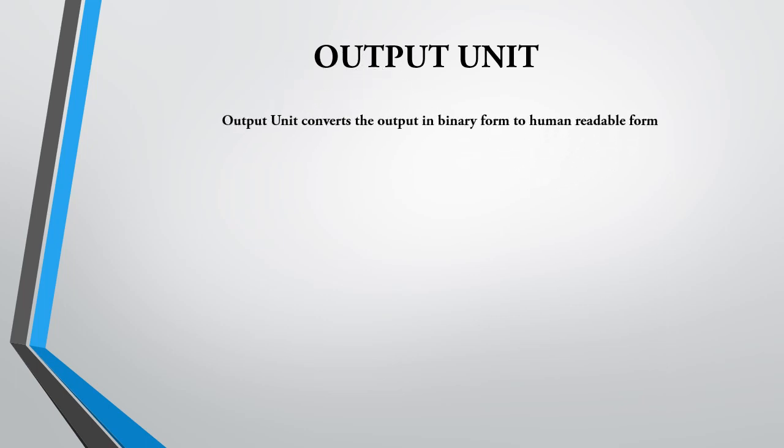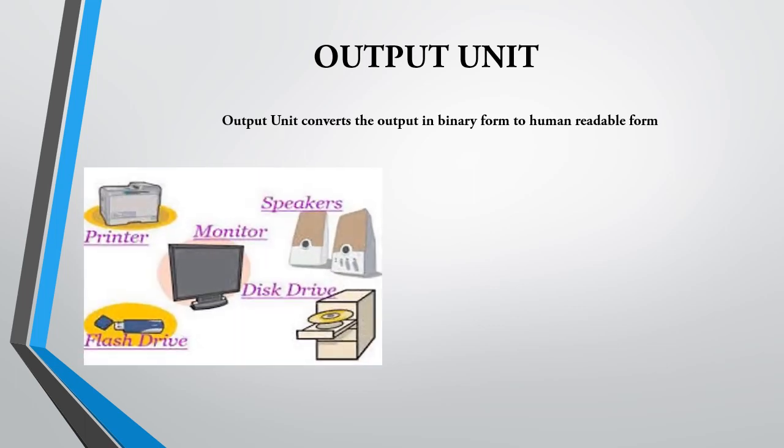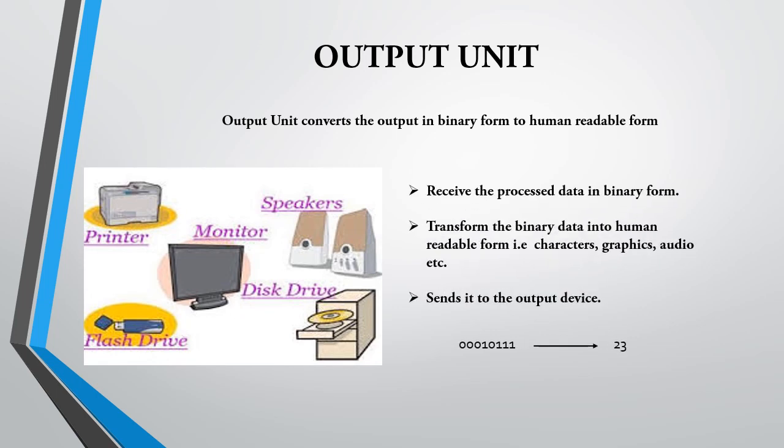And here is the second part of computer organization, that is the output unit. Now, the output unit is formed by the output devices attached to the computer. The output coming from the CPU is in the form of electronic binary symbols, which needs conversion into some form which can be easily understood by human beings, because we cannot understand binary language.